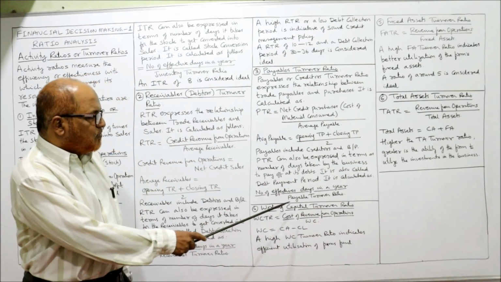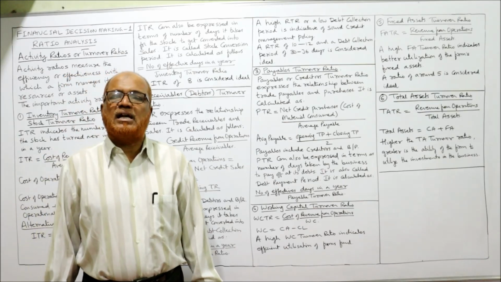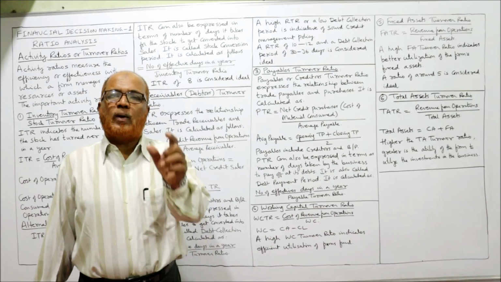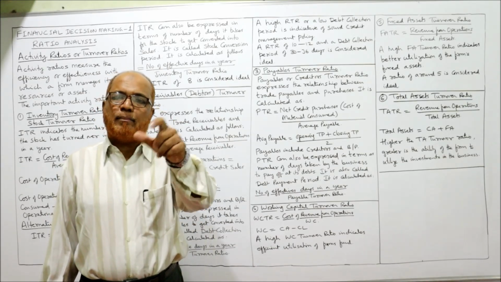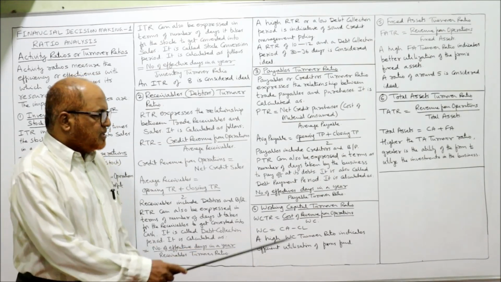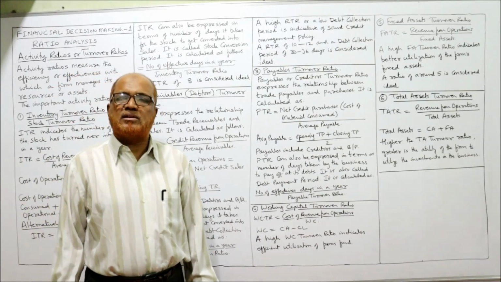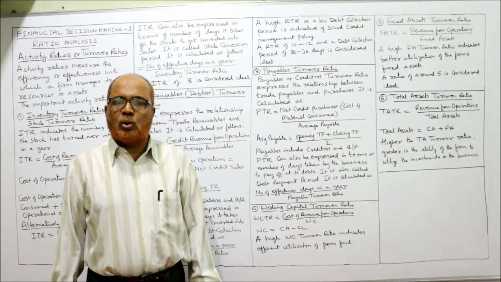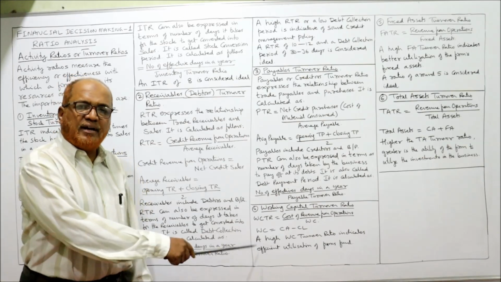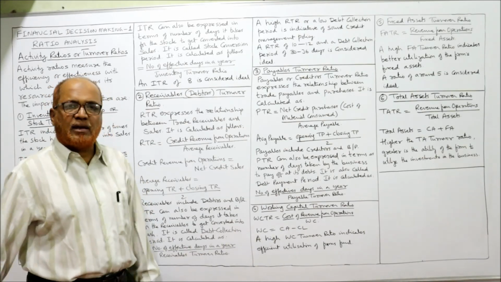The next ratio is working capital turnover ratio. Working capital is the difference between current asset and current liability. So working capital is equal to CA minus CL. Here the working capital turnover ratio formula is cost of revenue from operations, or simply we can call it cost of goods sold, divided by working capital, and working capital means CA minus CL.